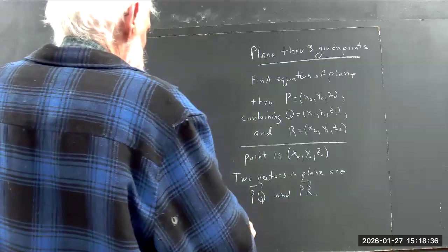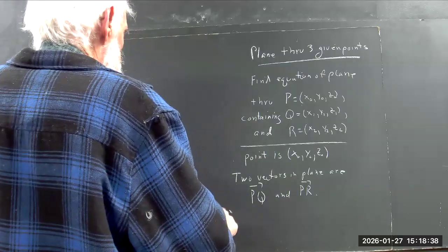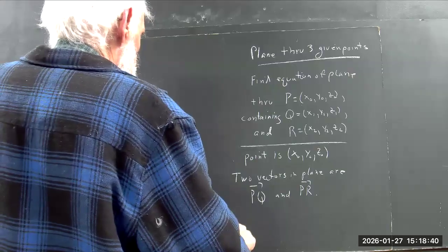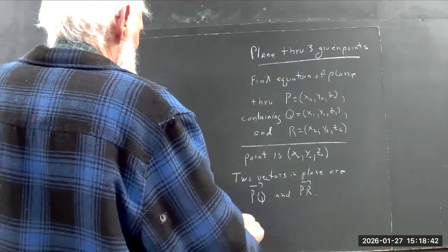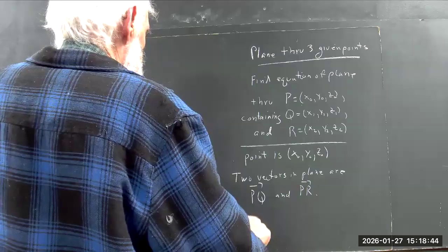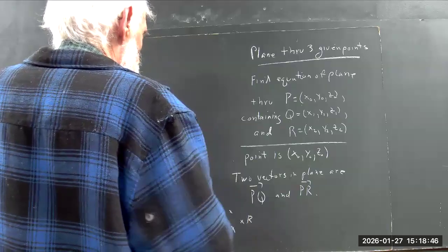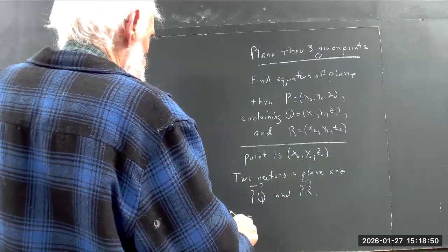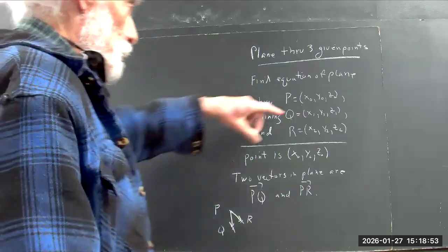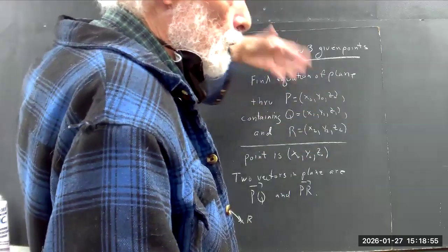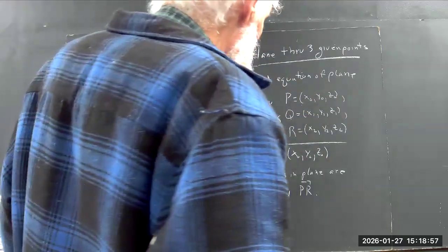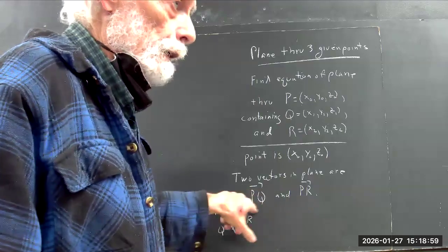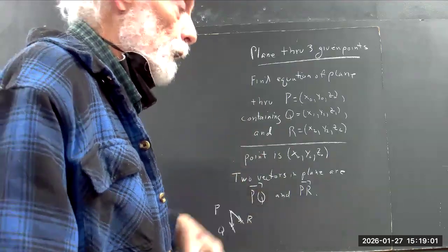So we could kind of sketch this. Here's our point P. Here's our point Q. Here's our point R. And we have a vector PQ and a vector PR. Now, if I give you numbers instead of x naught, y naught, z naught, x1, y1, and so forth, you can calculate, you can tell me what these vectors are.